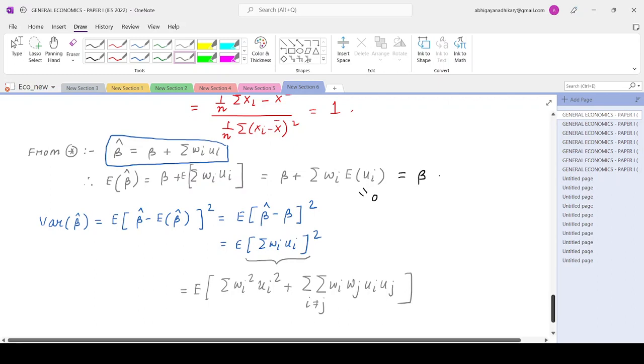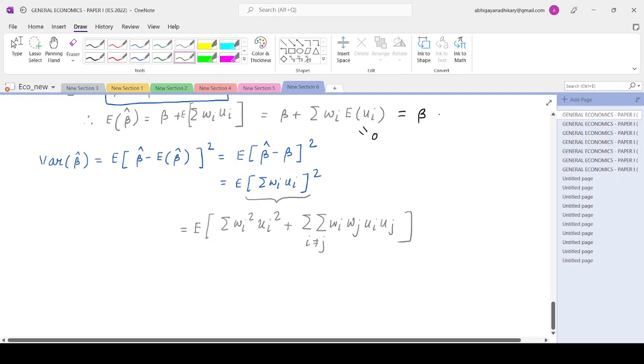Now, if any of you are having any issue with understanding how we are getting this, please let us know in the comments. We'll elaborate on this a little more. But coming back to the expression that we are solving, so this can be further taken down as this. By the similar logic, what I just explained in the last step, wi's are basically components or terms of xi's which are known.